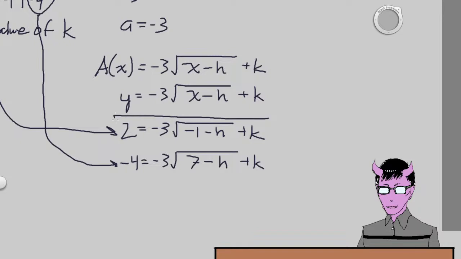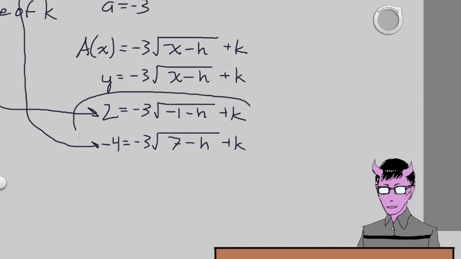Alright, so thus we get two equations with two distinct unknowns. We can therefore solve for each unknown, because this is just a system of equations. So you could use your favorite algorithm for solving a system of equations. In this situation, I'm just going to subtract equation number 2 from equation number 1. So again, subtracting this bottom equation from the top equation. So k minus k gives us 0.